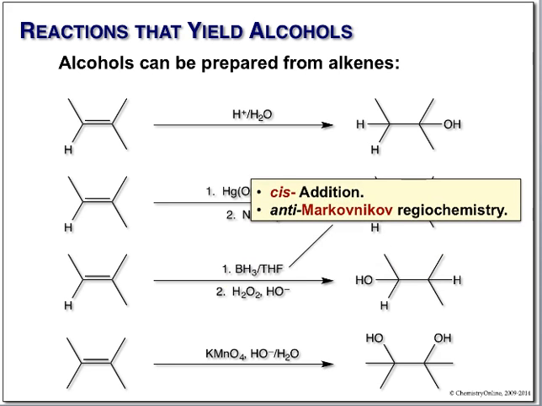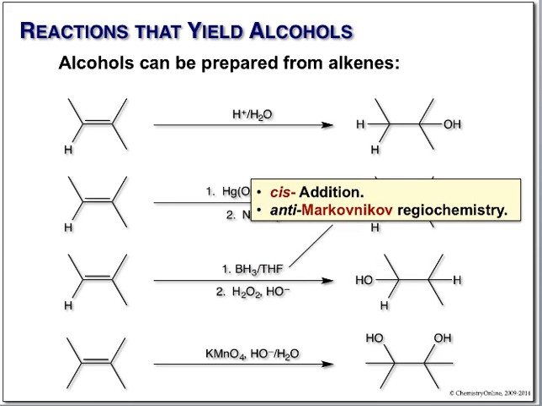We also know we can make anti-Markovnikov alcohols from alkenes by hydroboration oxidation. This is a concerted reaction. We get cis addition of the OH group and the hydrogen.